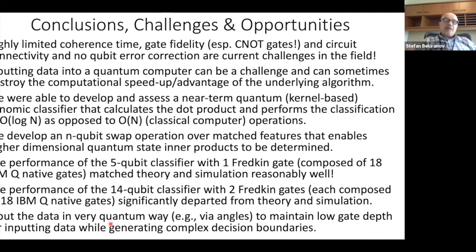And that might allow for just natural quantum operations to encode the data with low gate depth, so maintain the advantage of the circuit, but also it's a way to generate complex decision boundaries. And as I was thinking about this kind of thing, papers are coming out, including by Seth Lloyd. He's got one on the archive right now, exactly with this idea, that you can generate very complex decision boundaries and then use swap operations to generate more complex kernel-based classification.